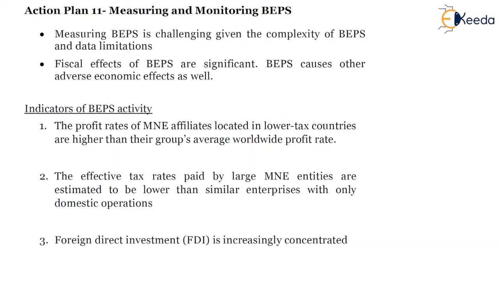OECD has acknowledged that it is very difficult to measure BEPS, and they have tried to establish several indicators. Six indicators have been established, wherein if such activities are followed by an M&E group or by any other entity, then there may be a possibility of BEPS being followed by that particular M&E.